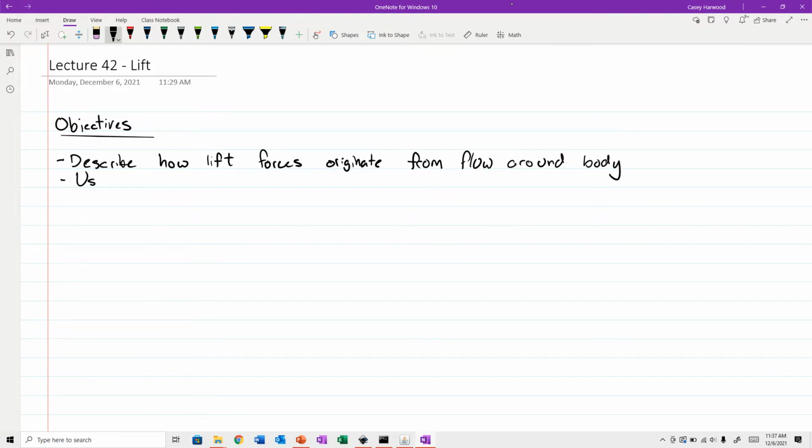Second, use lift coefficient to calculate lift force, similar to what we did with drag.